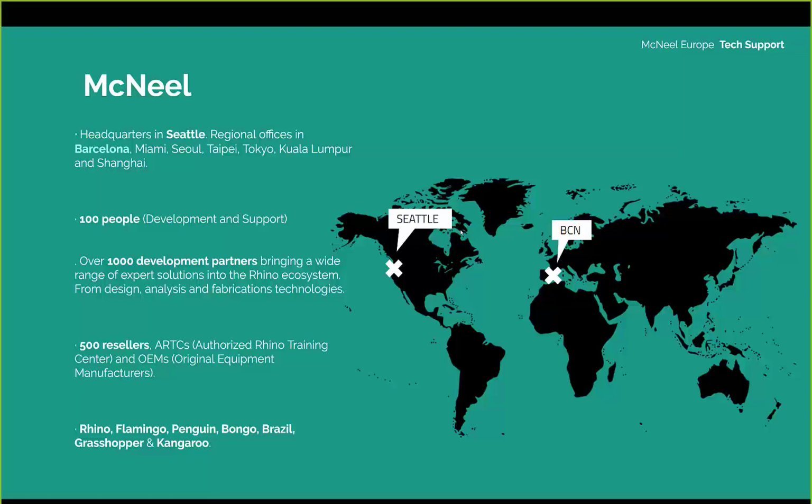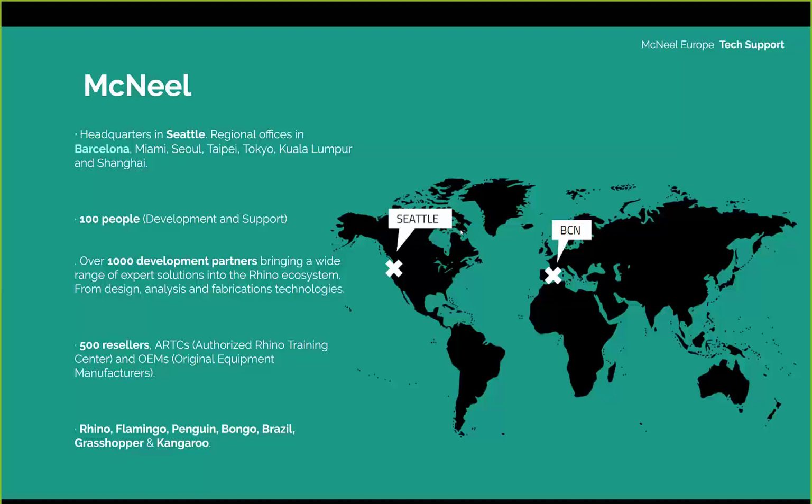We also have more than 1,000 development partners around the world that develop plugins and other tools for designers and architects. We have a lot of resellers and also authorized Rhino trainers around the world.